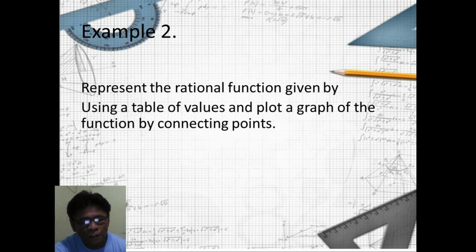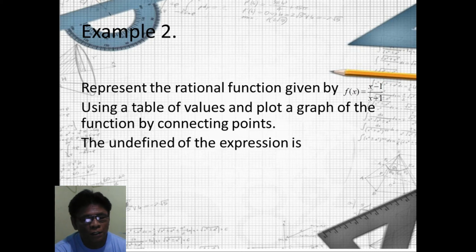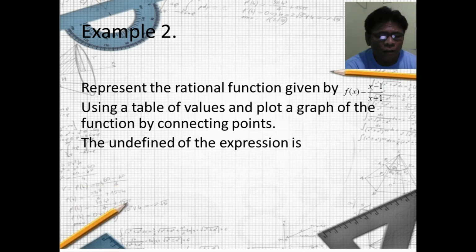Let us now have example number 2. Represent the rational function given by f of x equals x minus 1 over x plus 1 using a table of values, and plot a graph of the function by connecting points. Let us first identify where the expression is undefined.